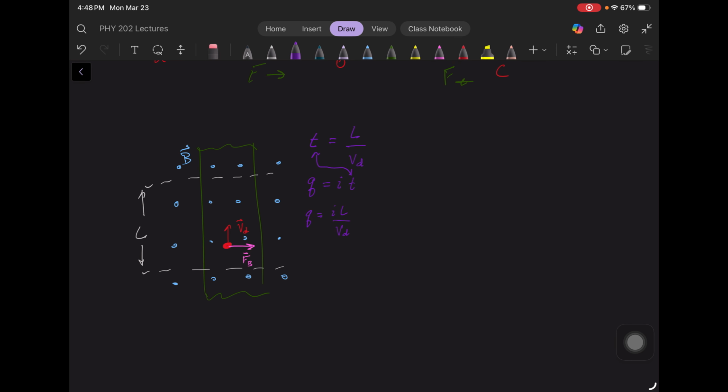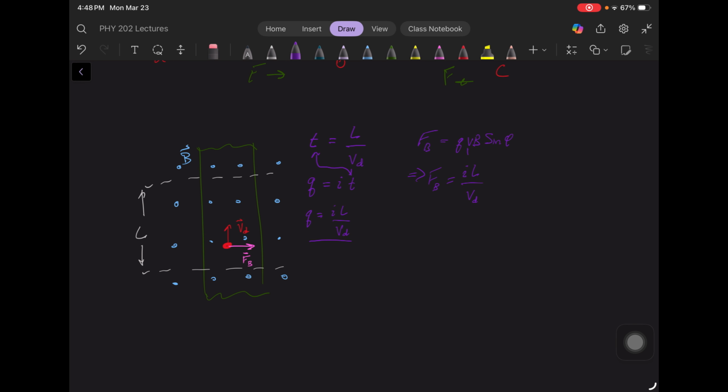And if we have our standard equation for the force of a magnetic field, QVB sine phi, we can plug in our Q. We get the force is equal to, we said Q was IL over the drift velocity.